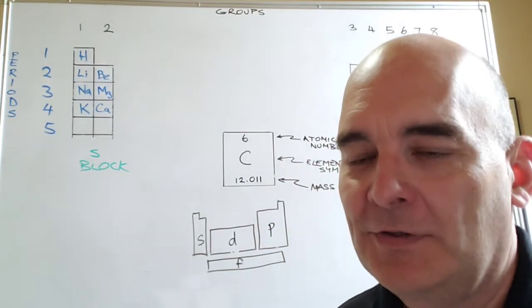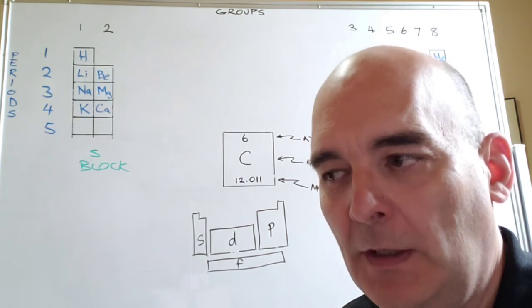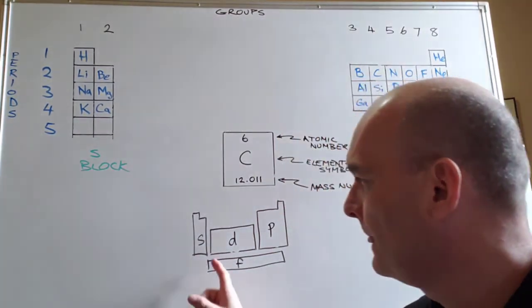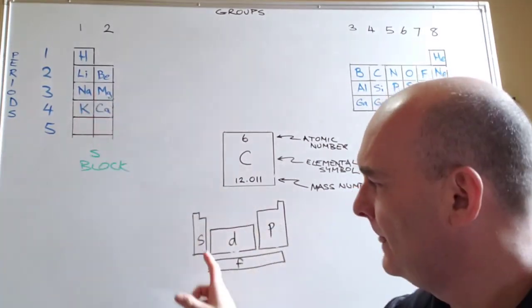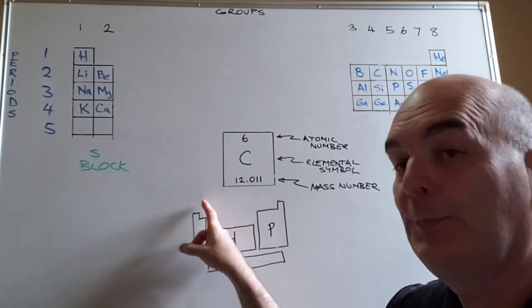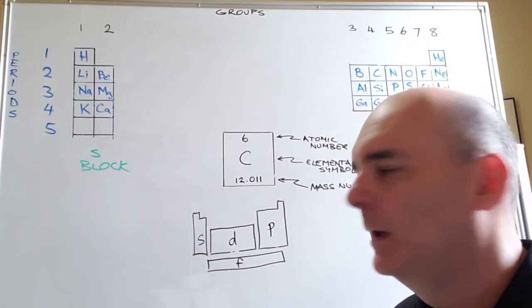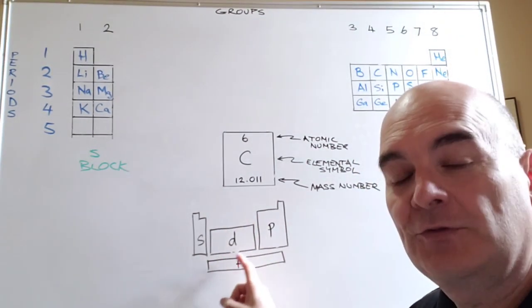So we've mentioned that the shape of the periodic table is irregular, but there are things that we can do to simplify that. Group 1 and Group 2 belong to this block. We're going to call that the S block. Then there's a block of metals in the middle that we call the transition metals.